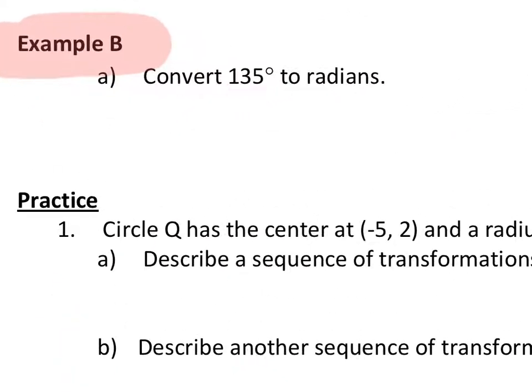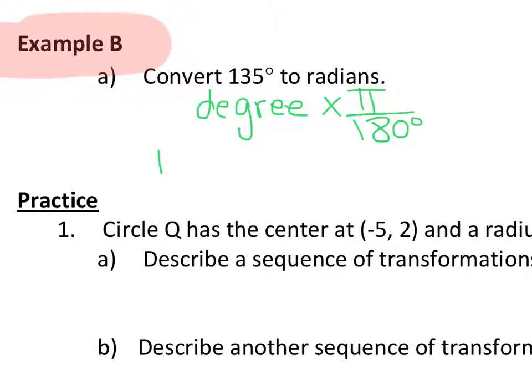Now the first part is they want me to convert from degrees to radians. So remember, what do I do to change from degrees to radians? I multiply the degree times pi over 180. The degree is 135 times pi over 180.